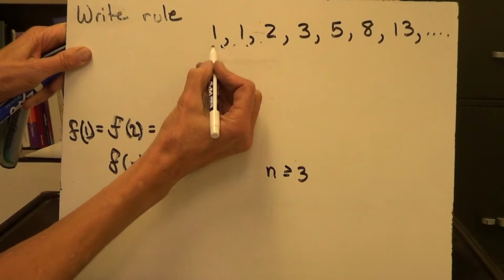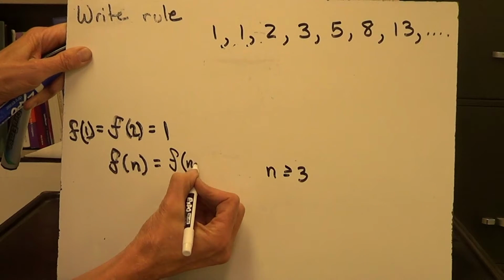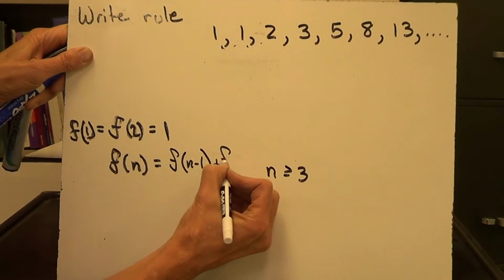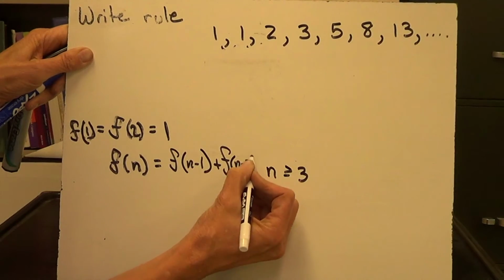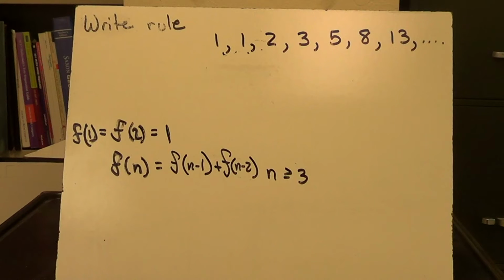We just take the previous two terms and add them together. So it would be f of n minus 1, being the previous term, plus f of n minus 2, being the one previous to that. And that's how we get the entire sequence.